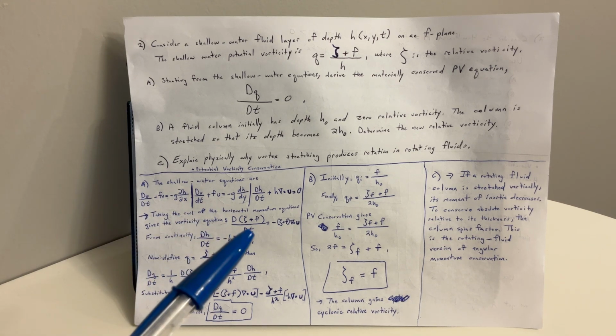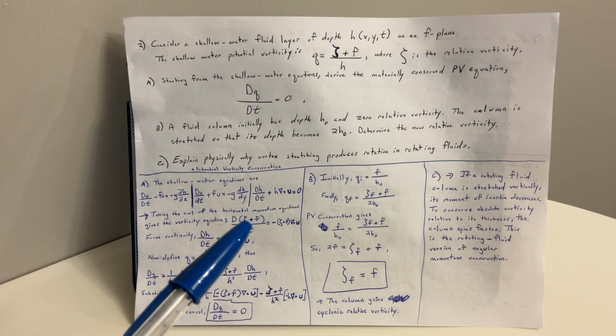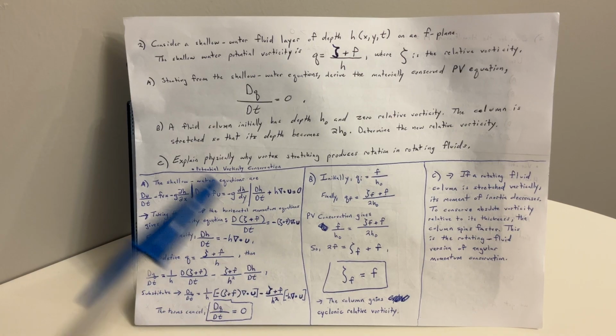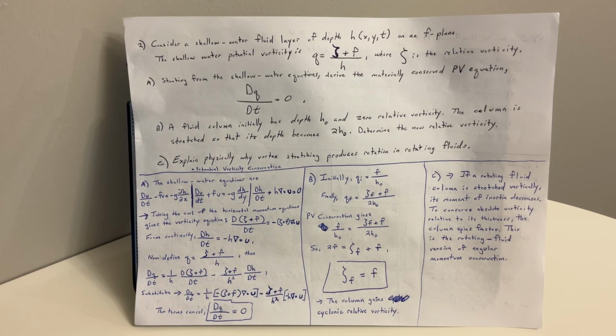This is right here, and that's d dt of zeta plus f, and that's going to equal negative zeta plus f times del dot u, and from continuity, dh dt equals negative h del dot u, and now we define q equals zeta plus f over h, and then we have dq dt equals 1 over h d dt of zeta plus f minus zeta plus f over h squared dh dt, and we're going to substitute, and dq dt is going to equal this whole thing. I'm not going to say the whole thing.